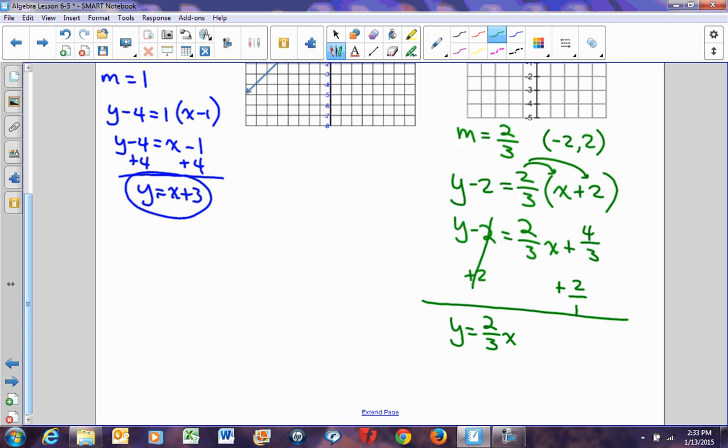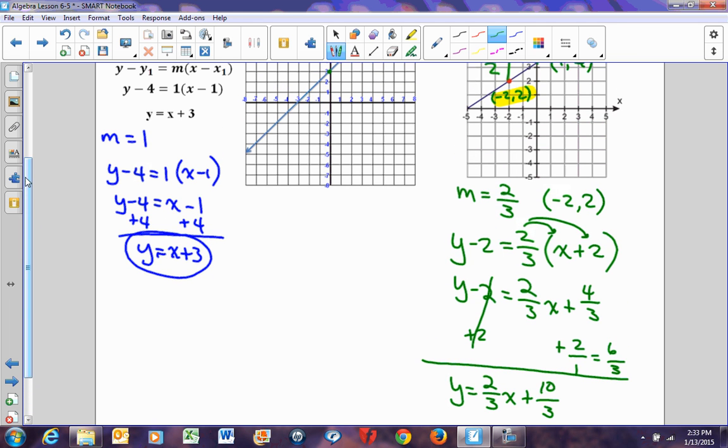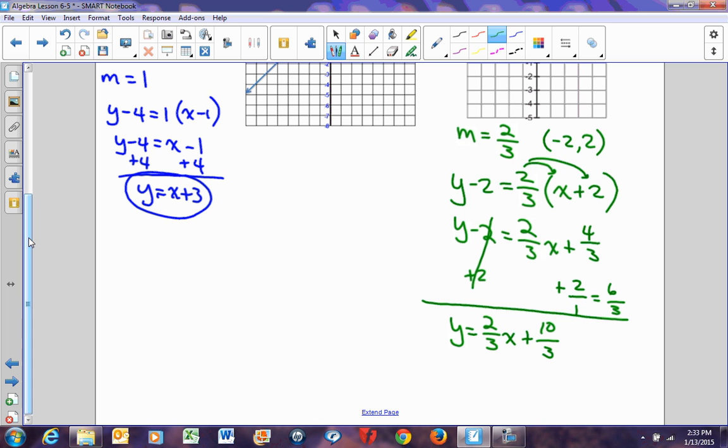We get this in thirds, so that would be 6/3. 4 and 6 is 10, plus 10/3, or 3 1/3. Looking at my graph, does it look like it could have crossed the y-axis at about 3 1/3? Yeah, that looks reasonable. But would I have guessed that from the graph? Maybe, maybe not. So showing the equation means I really do know what I'm doing.